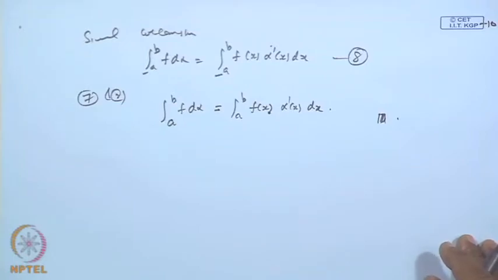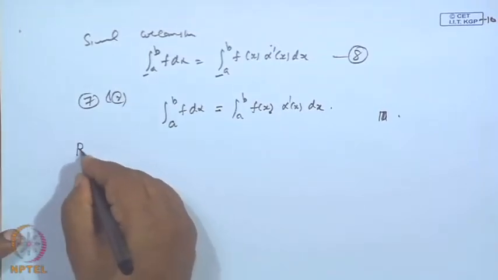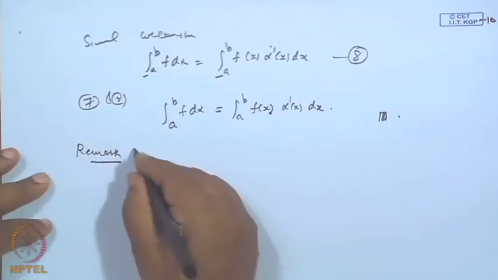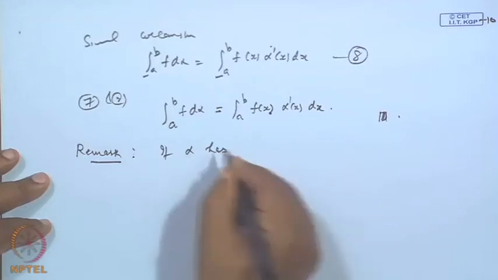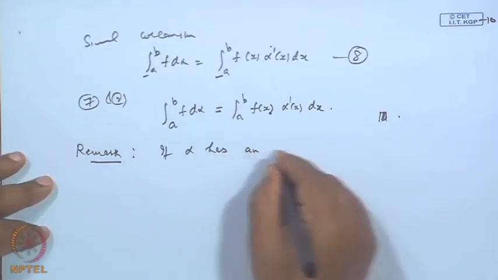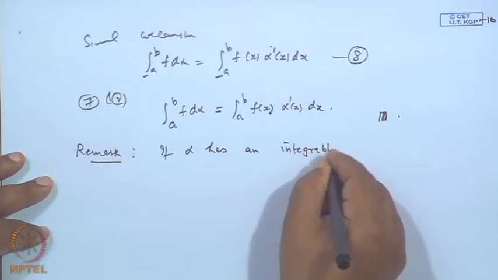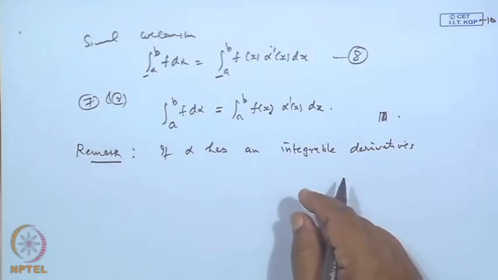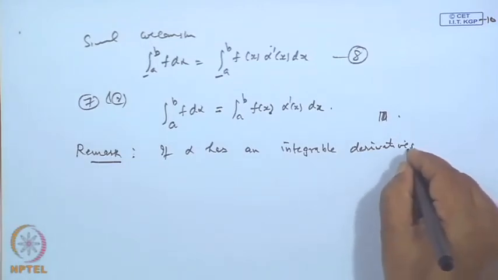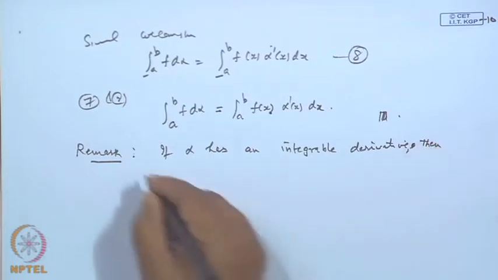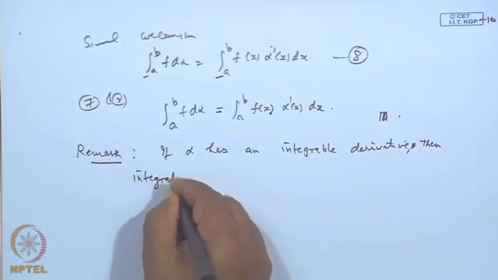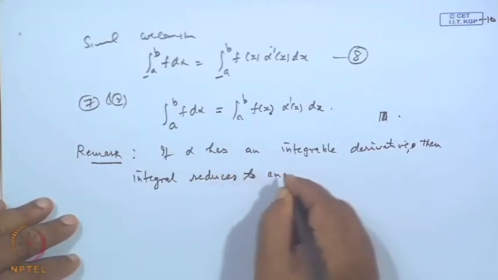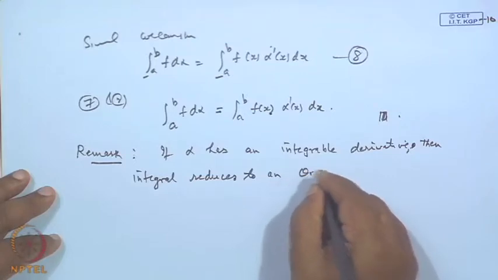So, this shows the remark: if alpha has an integrable derivative, then the integral reduces to an ordinary Riemann integral.